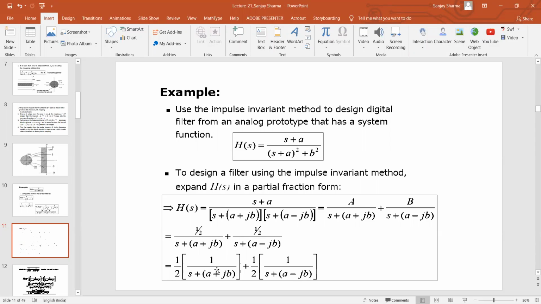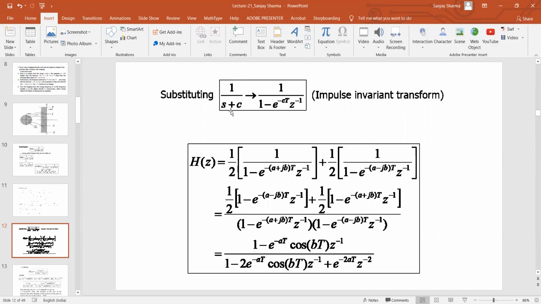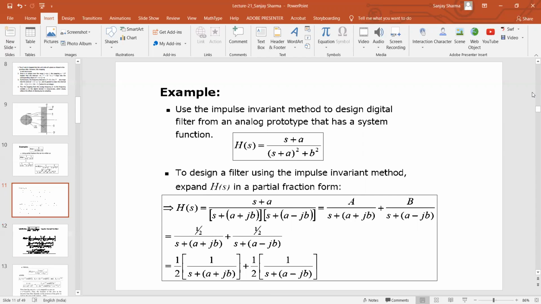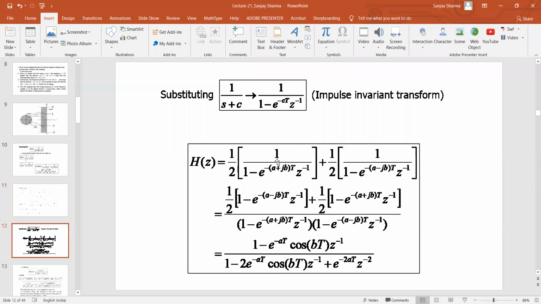That means this has taken the form from where I can use the impulse invariant transformation to convert it into a digital filter. So I use this transformation for 1 over s plus c, and once I solve this, a plus jb will be my first factor, e to the power minus (a plus jb), and e to the power minus (a minus jb).